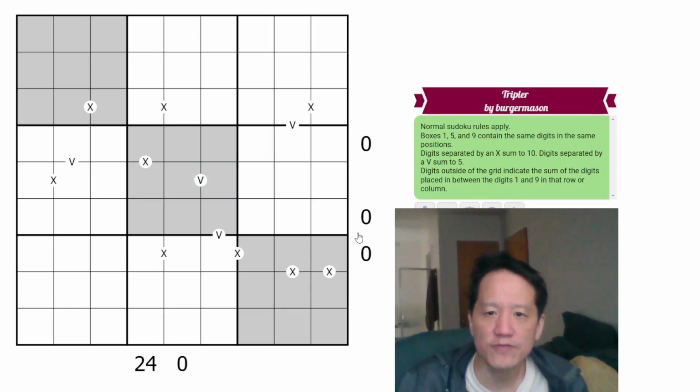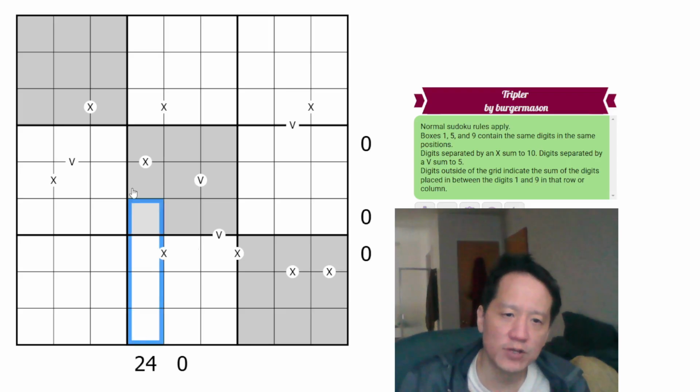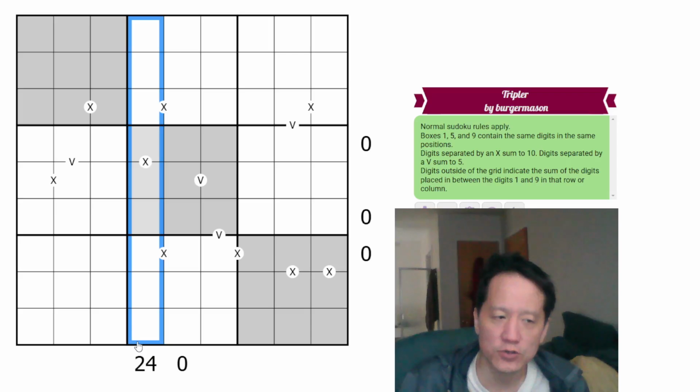Numbers outside of the grid indicate the sum of the digits placed in between the digits 1 and 9 in that row or column. This is typically called a sandwich Sudoku rule.